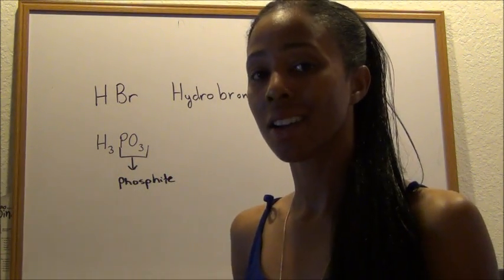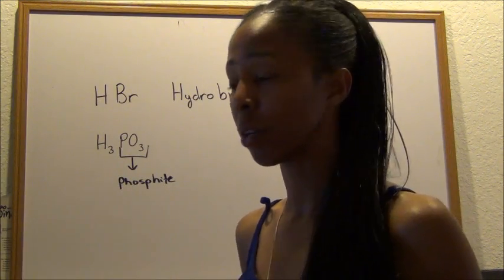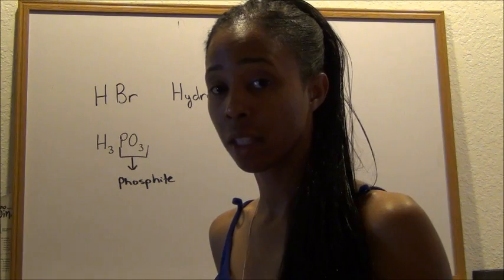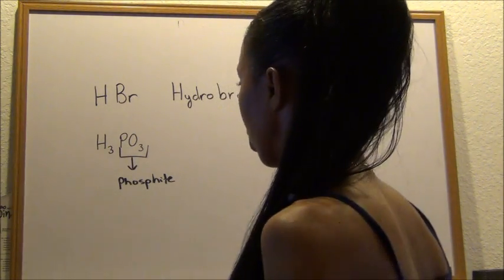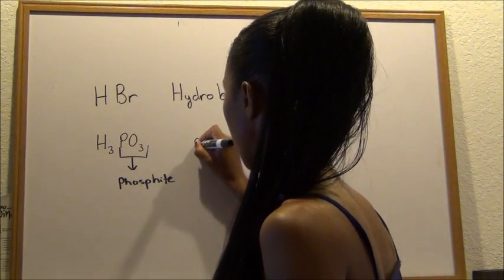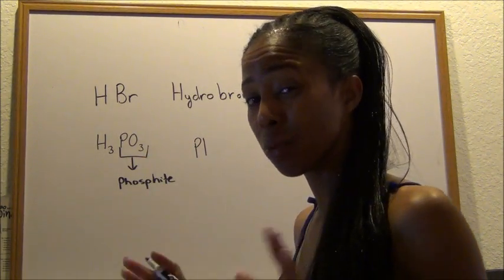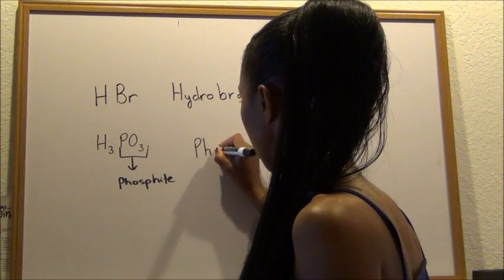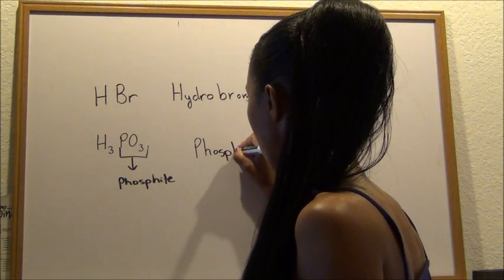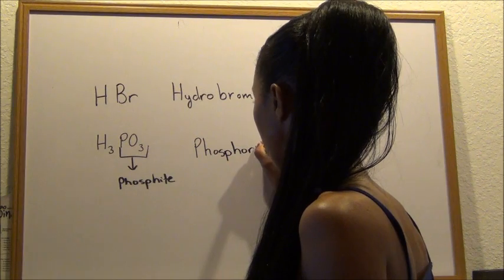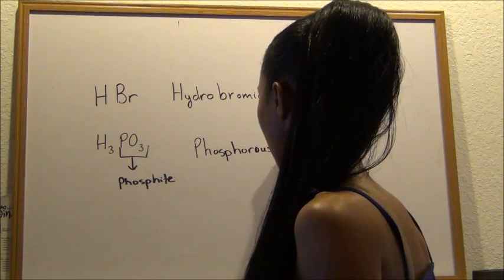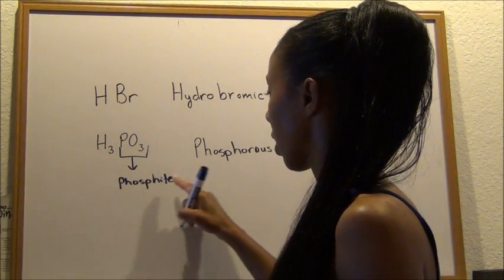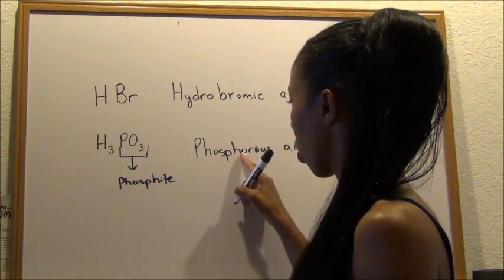If you remember the lighthouse, we drop the ite and use ous. Because it's an oxyacid, we don't begin naming using the word hydro. So this would be phosphorous acid.